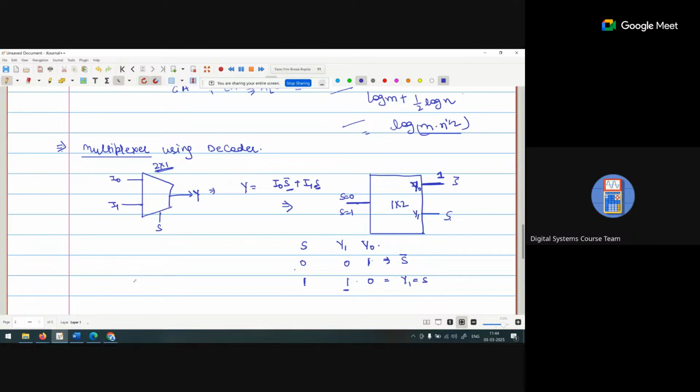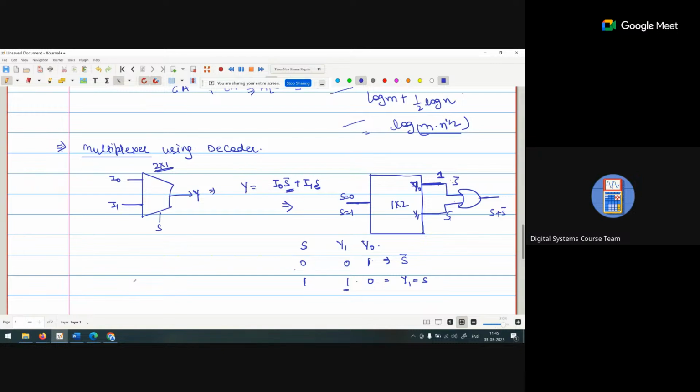Clear? Now if we are using an OR gate, first we have to AND I0 with S bar and I1 with S. If I directly use the OR, it becomes S plus S bar.